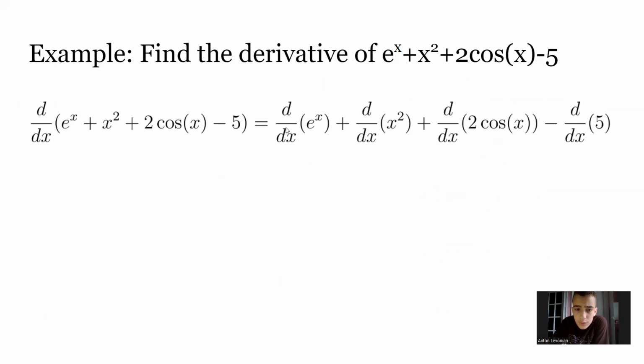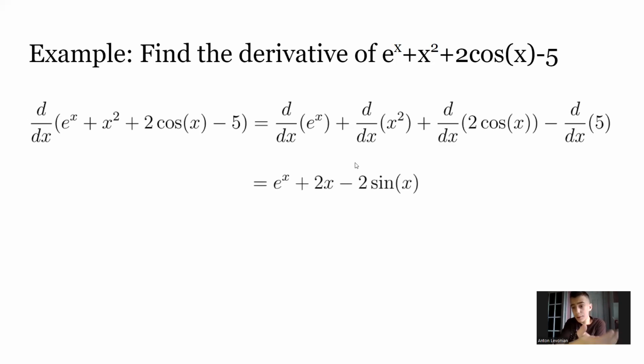The derivative of e to the x is just itself, e to the x. Derivative of x squared, we use the power rule from last class, that's 2x. Then 2 cosine of x, the derivative of that is minus 2 sine of x, because the derivative of cosine of x is negative sine of x. And then the derivative of a constant is just 0.